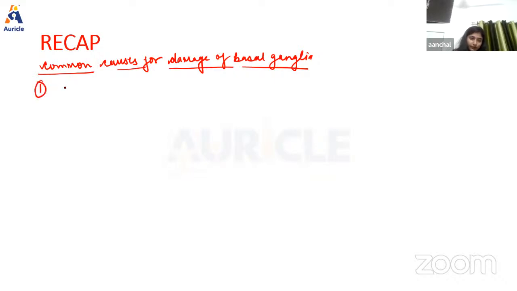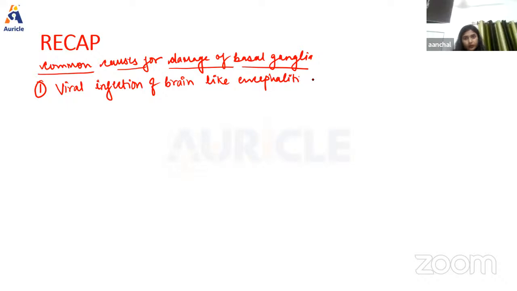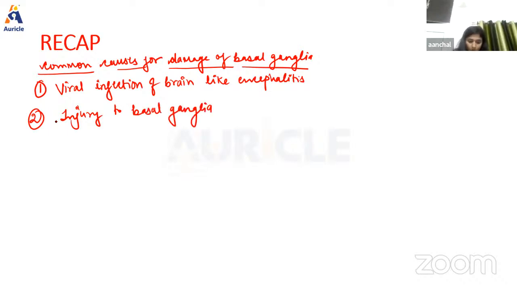For example, it can occur due to viral infection of the brain, like in the case of encephalitis. Then next, whenever there is injury to the basal ganglia, or third, due to cerebral arteriosclerosis.